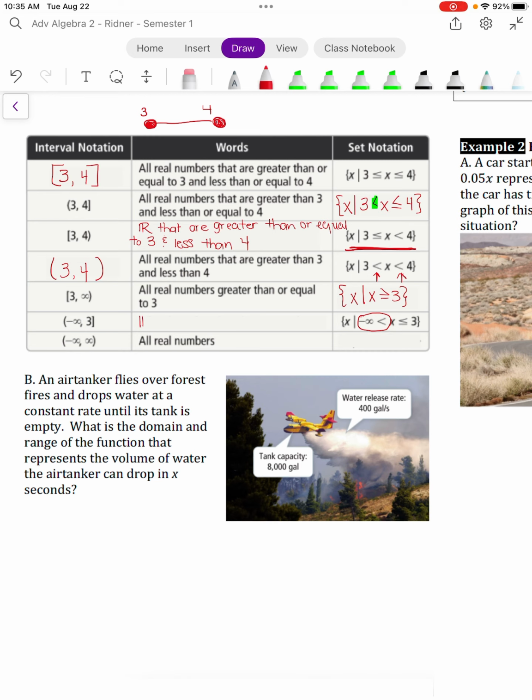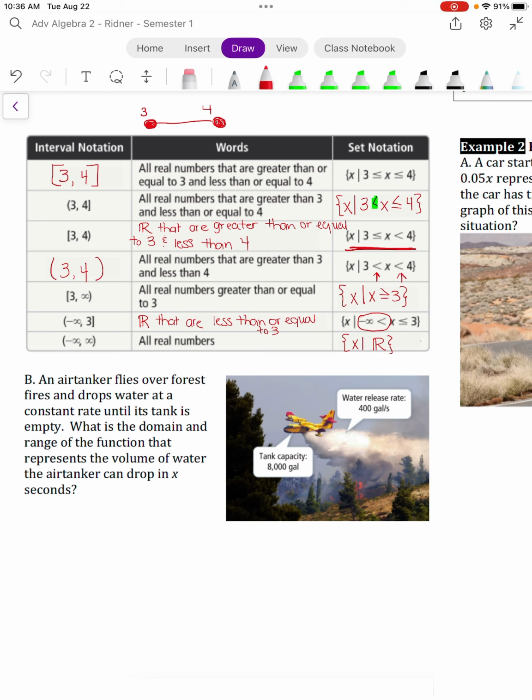So, all real numbers that are less than or equal to 3. And to denote all real numbers, x such that they are all real is how I would write that.